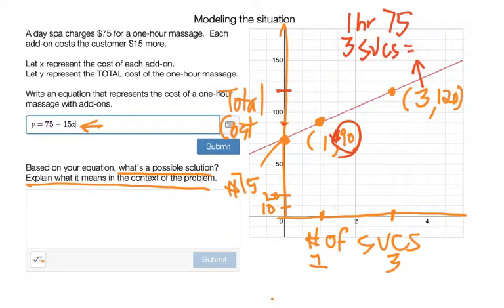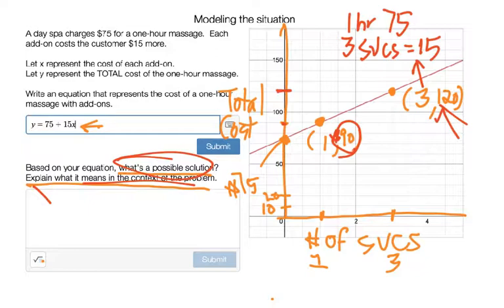Remember, each service is $15. So if I go 3 times 15 plus 75, my total cost would be $120. So I've done 2 possible solutions, and I explained what it meant in both of the contexts of the problem.